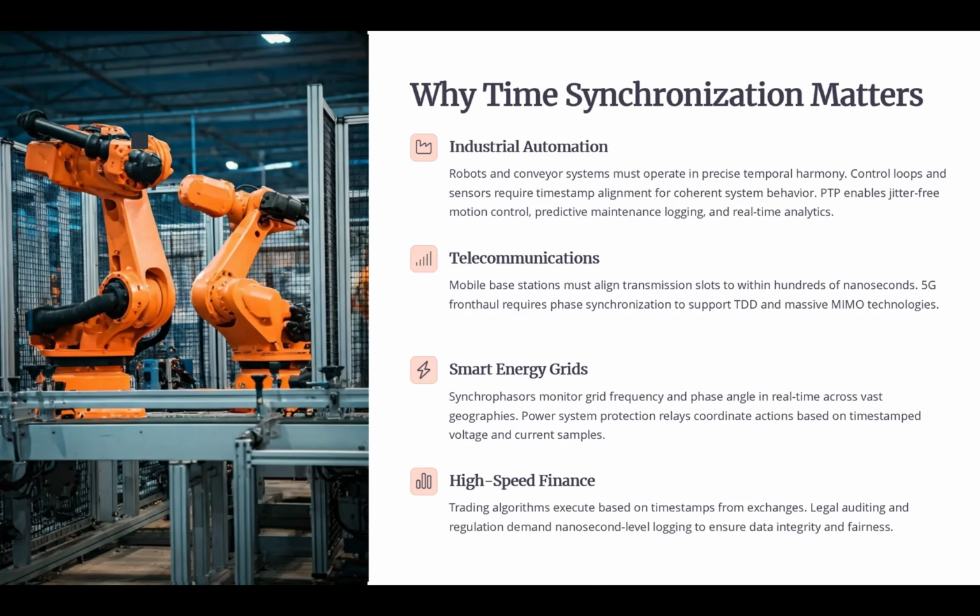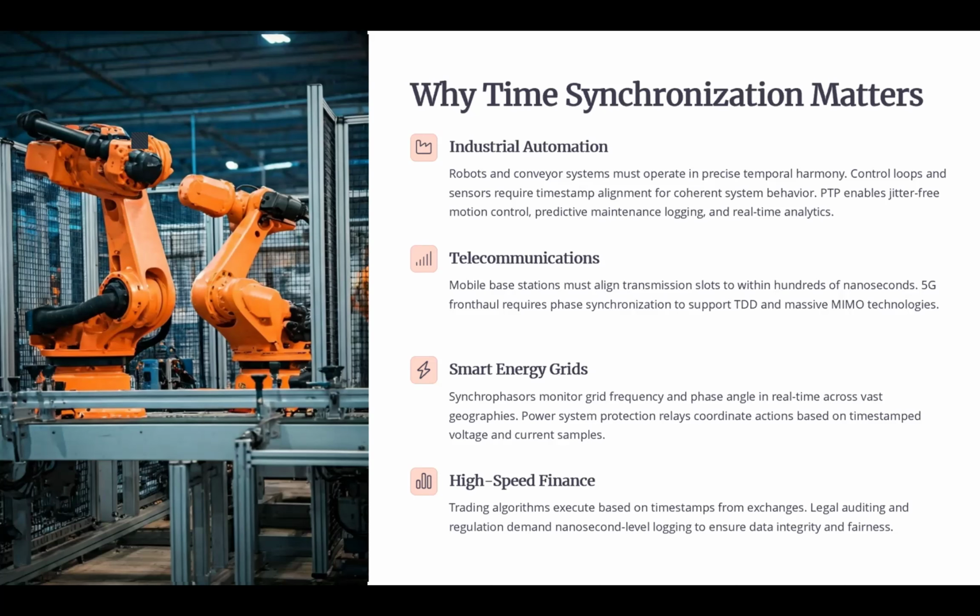Now, there are several domains that we could use, for example, to see how important time synchronization is. One would be industrial automation. When we have robots and conveyor systems, they all should work in precise temporal harmony.